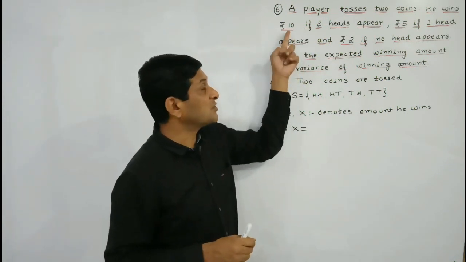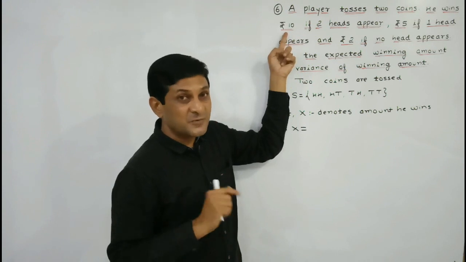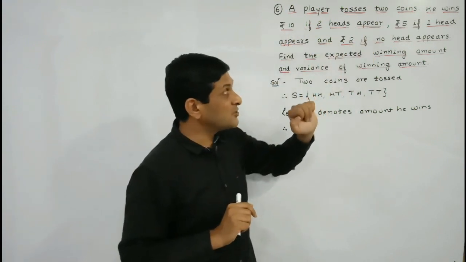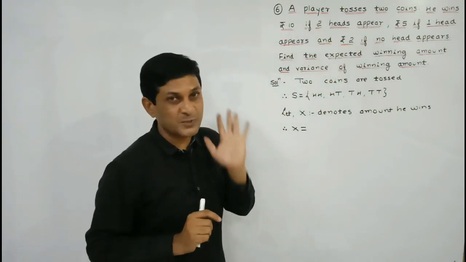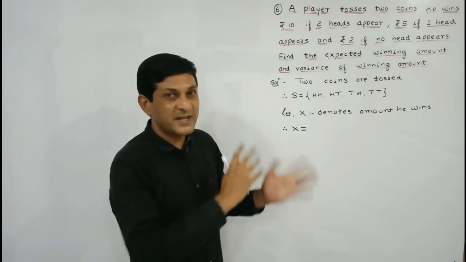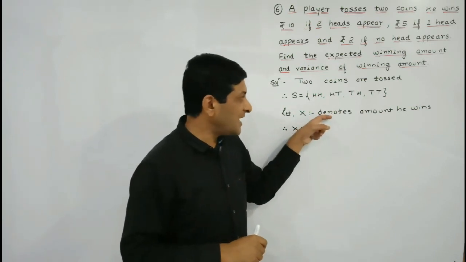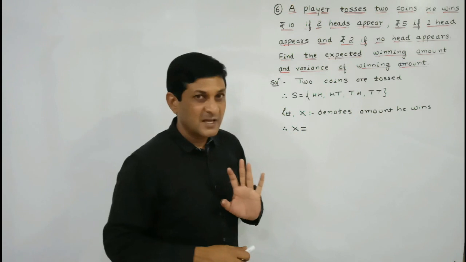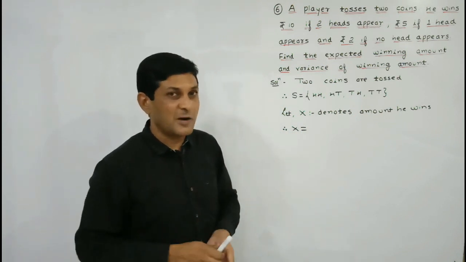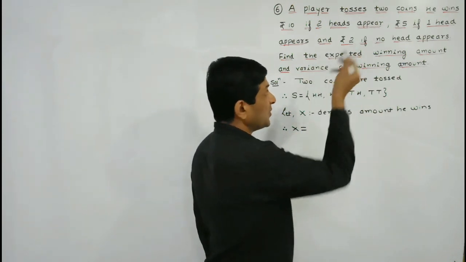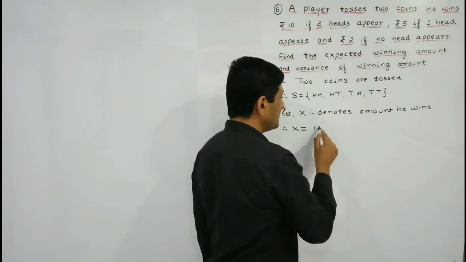Now, our example is related with what? The amount he wins. In one case he wins rupees 10, in another case rupees 5, and in the third case rupees 2. That's why we are defining our random variable: x denotes the amount he wins. And what are the possible amounts which he wins?